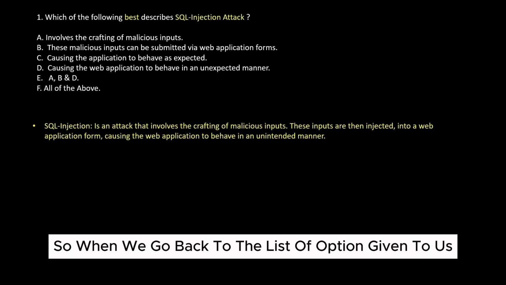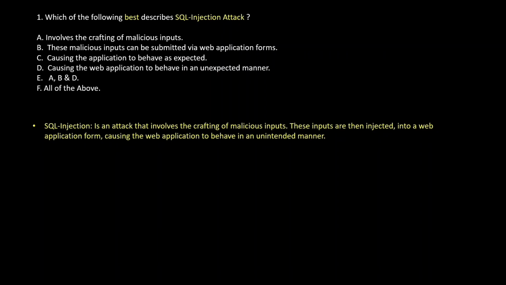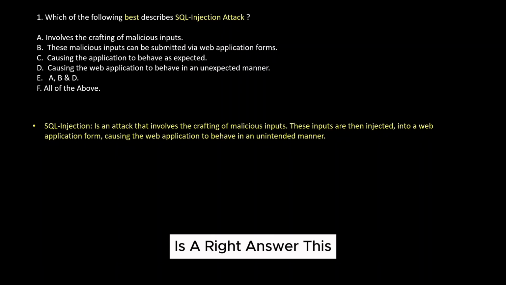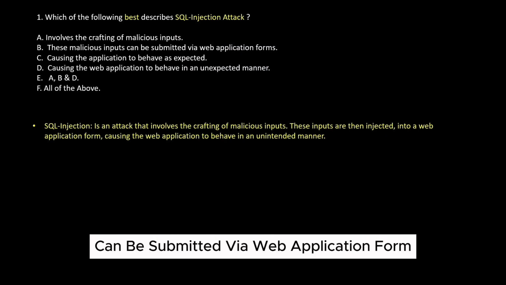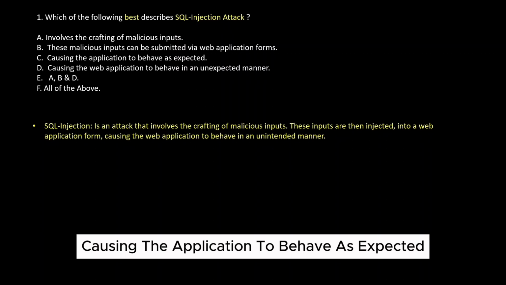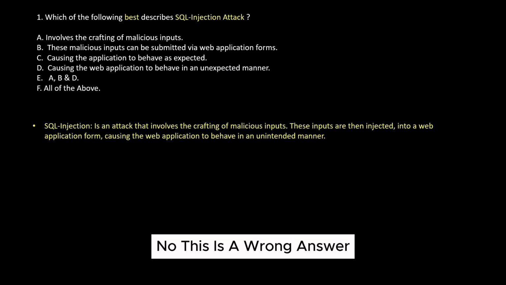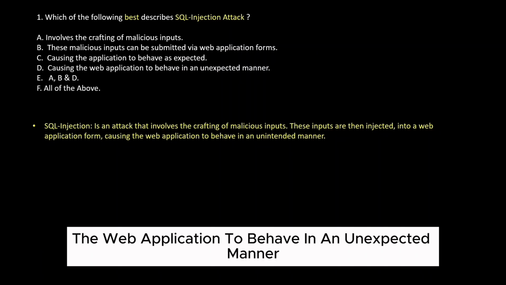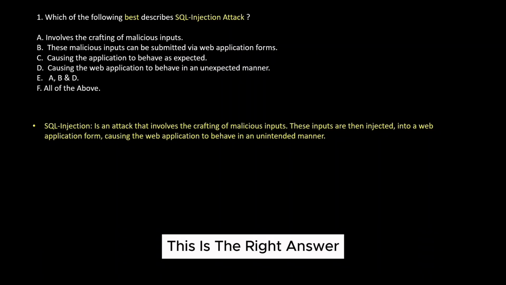So when we go back to the list of options given to us, involves the crafting of malicious inputs is a right answer. These malicious inputs can be submitted via web application form is also a right answer. Causing the application to behave as expected? No, this is a wrong answer. Causing the web application to behave in an unexpected manner? This is the right answer.